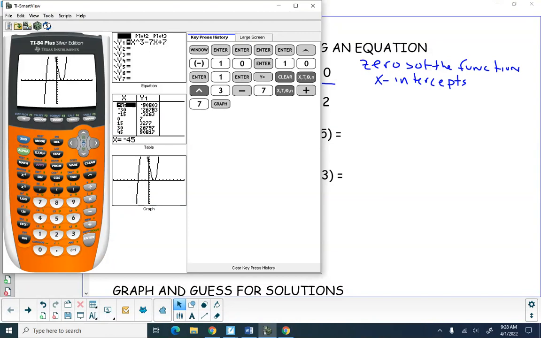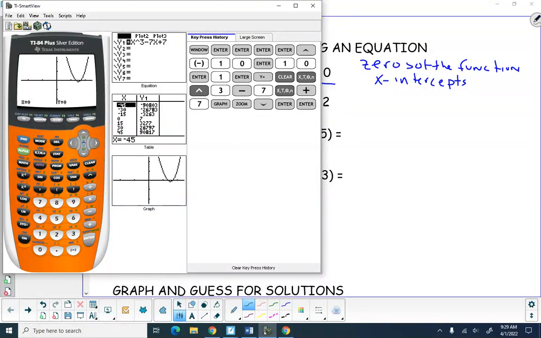Now, it's sort of tough to see here, but this actually goes below the axis and back up again. If I zoom in, you'll see it go below the axis and back up again.